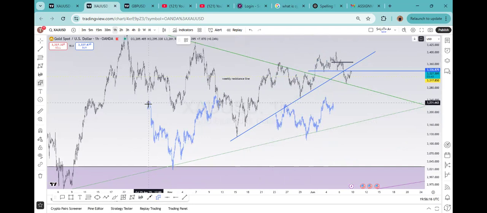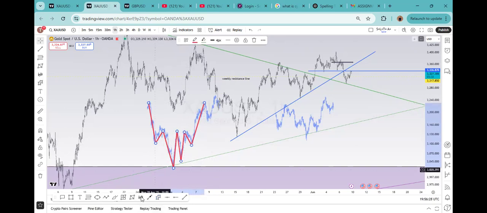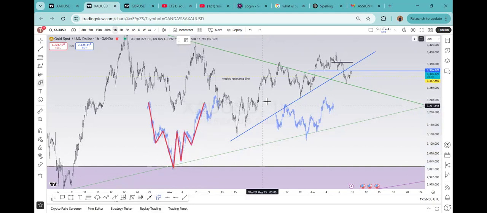You can see when price came here, broke support, came back to retest support, as support again, and then went up. Same thing here, where it broke support, came back to retest support and then went up. So it's very similar structures inside of each other.